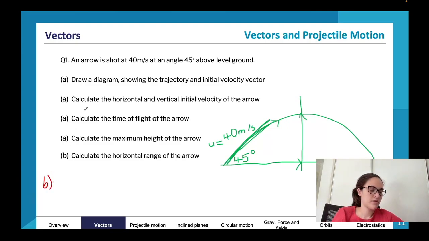Okay. So you might be thinking, okay, how on earth do we calculate UY and how on earth do we calculate UX? If you've already started this, then terrific. Put it in the chat and that will be checked.